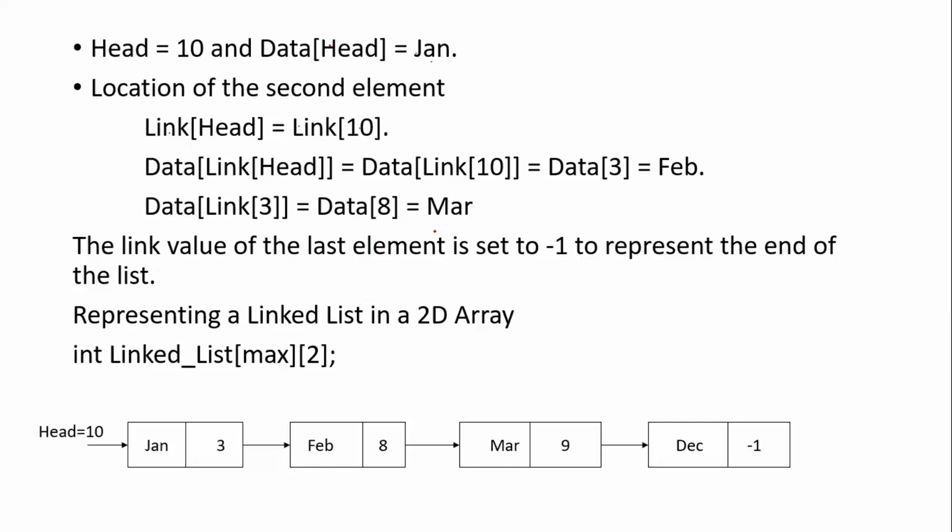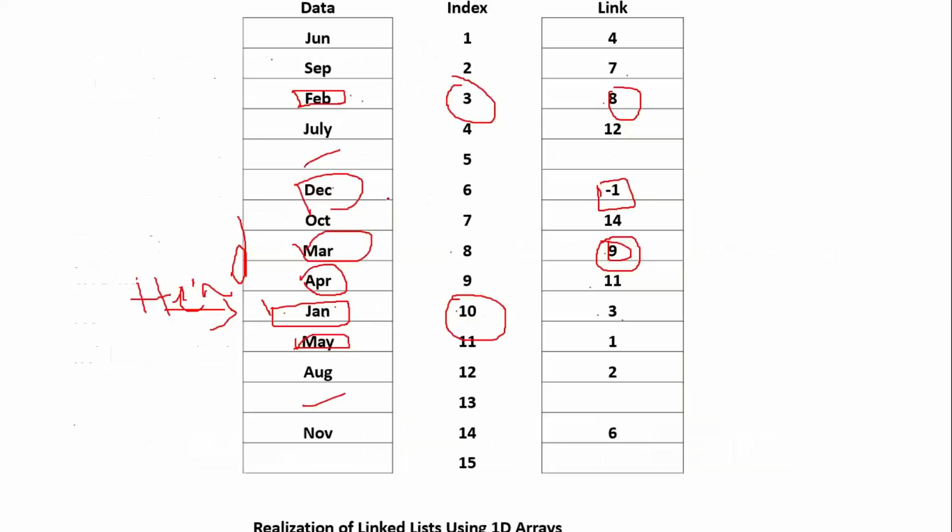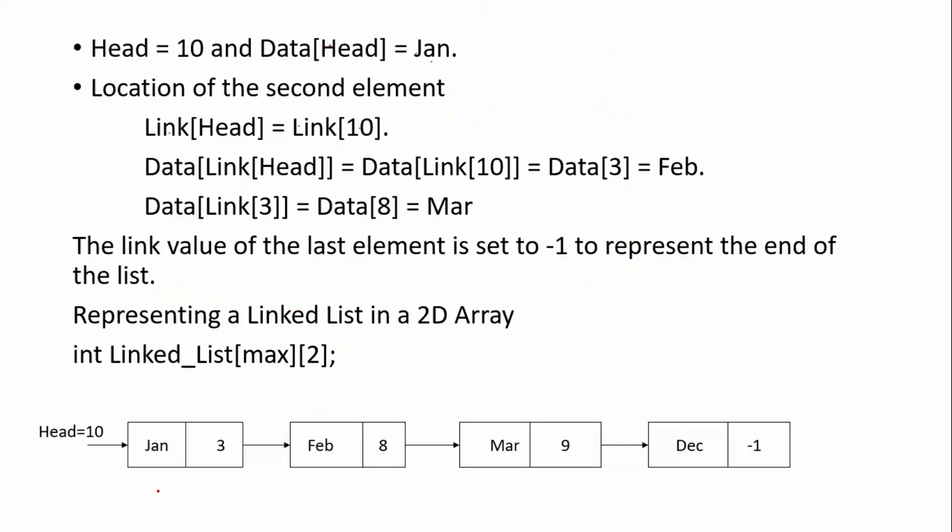See, the link value of the last element is set to -1 to represent the end of the list. It can be set to null or -1. So this is a one-dimensional array, and this is also another form of representing the array. Here the empty elements are left out, I mean they are not represented.